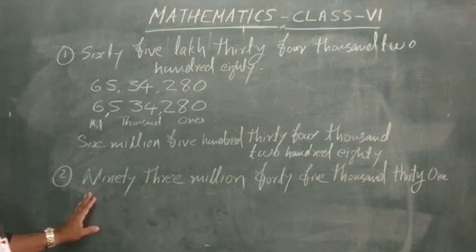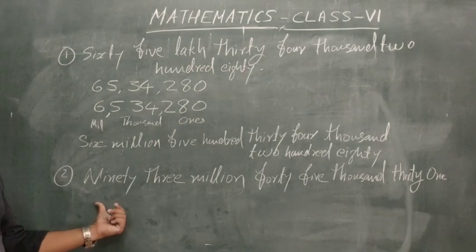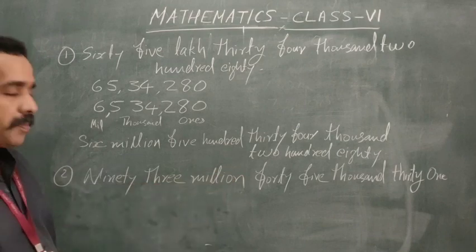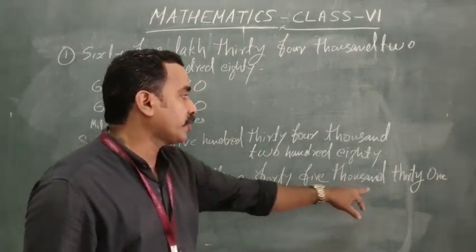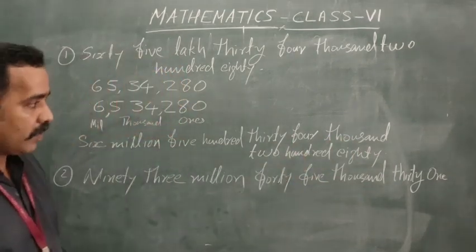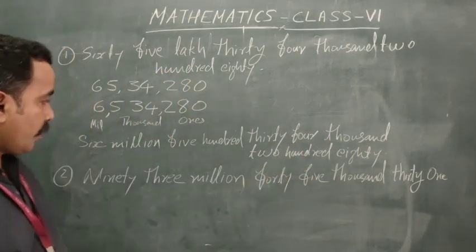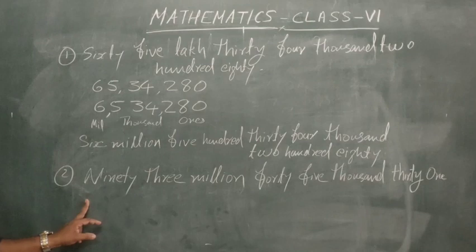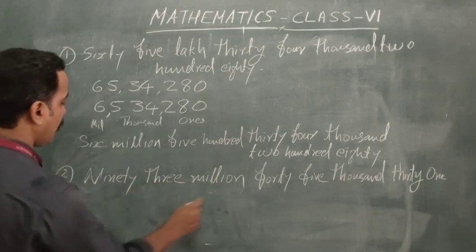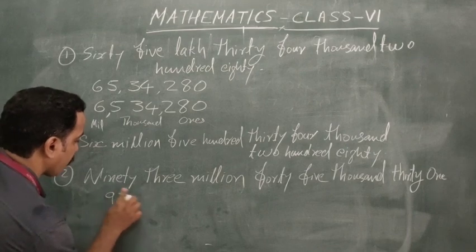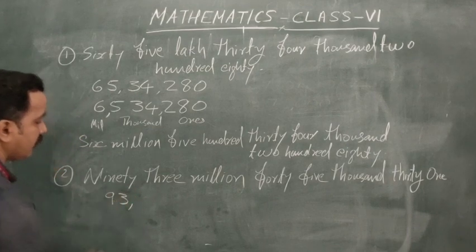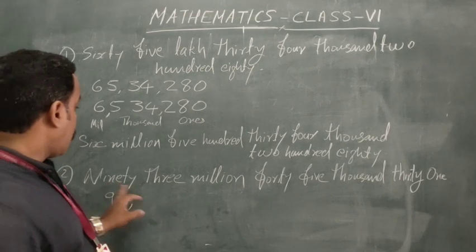Here is another example. In the international place value system, a number is given: 93,045,031. So write the numeral for this. 93 million, so the millions group is 93 million.